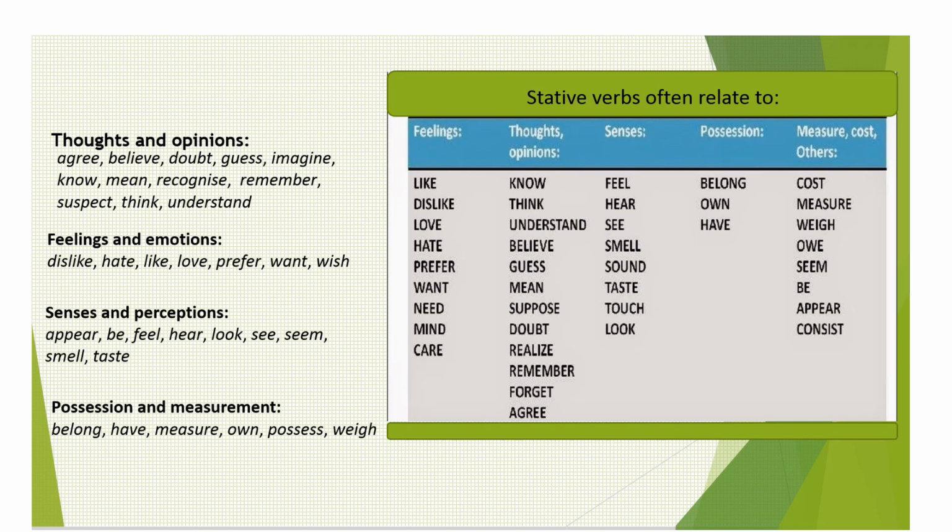So now, here is the list as I have told earlier in the video. Basically, stative verbs often relate to thoughts and opinions, feelings, senses, emotions, possession, measure, cost, etc. So we have a list of words like: like, dislike, love, hate, prefer, want, need, mind, care, know, think, understand, believe, guess, mean, suppose, doubt, realize, remember, forget, agree, feel, hear, see, smell, sound, taste, touch, look, belong, own, have, cost, measure, weigh, owe, seem, be, appear, consist.